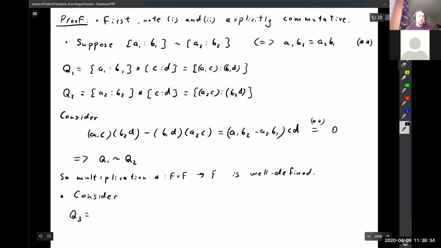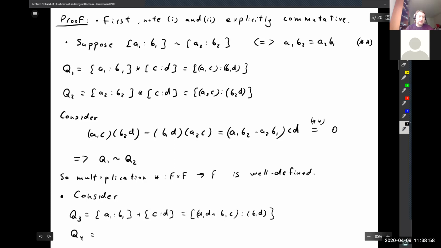First let's look at Q3, which is obtained as A1 over B1 plus C over D. By the definition, that's the following expression: A1D plus B1C over B1D.